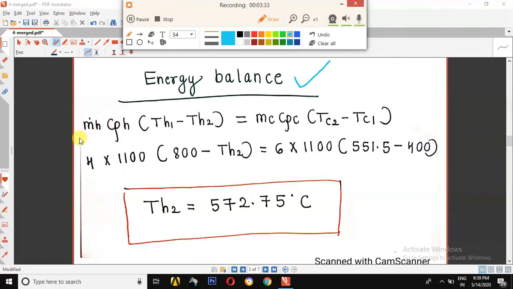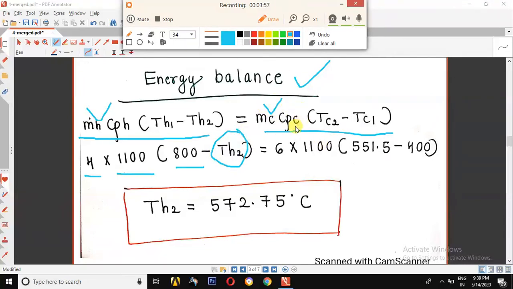Energy balance. The heat released by the hot fluid equal to heat gained by the cold fluid. Mass flow rate of the hot fluid is 4 kg per second. Specific heat of the hot fluid is 1100 joule per kg Kelvin. The inlet temperature of the hot fluid is 800 degrees Celsius and the outlet temperature of the hot fluid is unknown. Mass flow rate of the cold fluid is 6 kg per second.